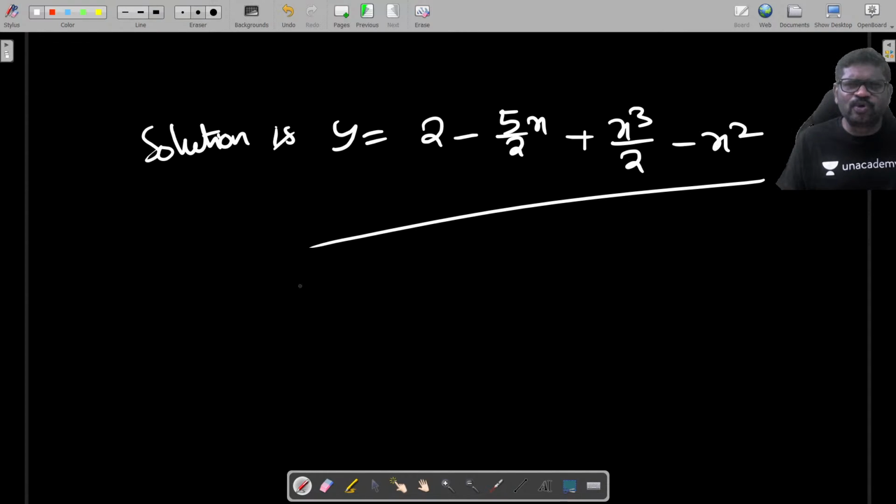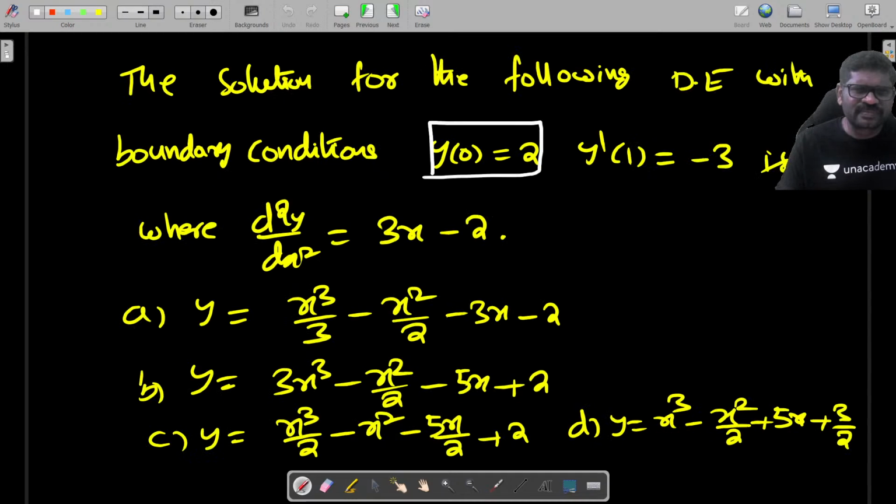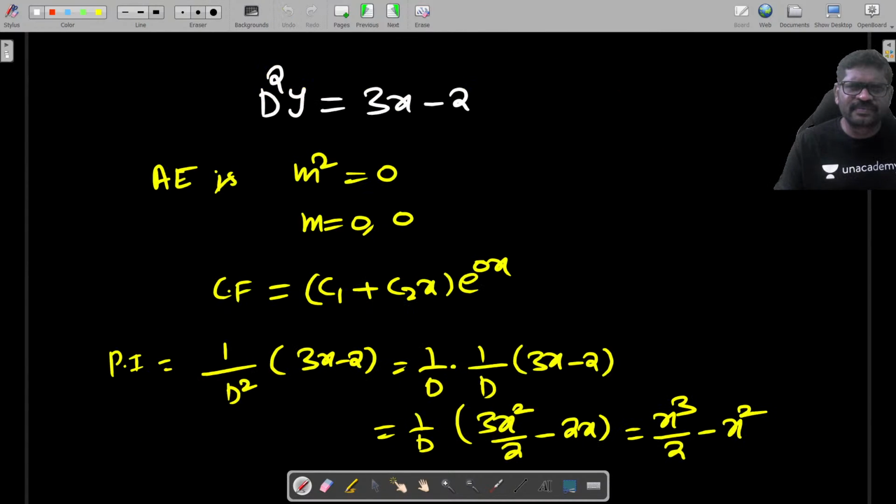So y is equal to 2 minus 5x by 2 plus x cube by 2 minus x square. Third option.